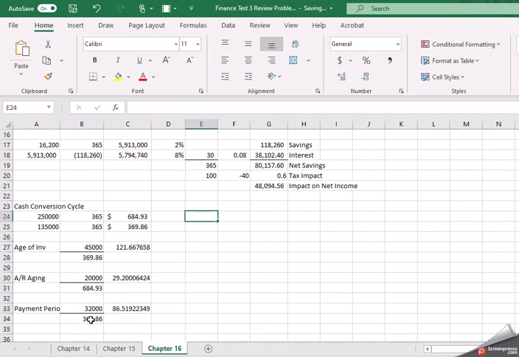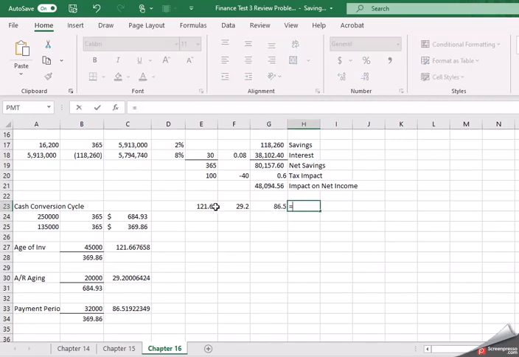So then our cash conversion computation is going to be the 121.67, I'll round it, plus the 29.2 minus the 86.5. So it's going to be that plus that minus this. And that would be our cash conversion cycle.